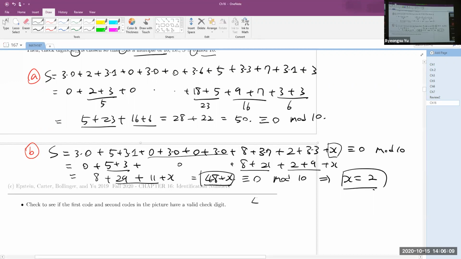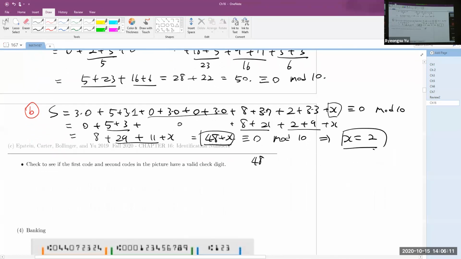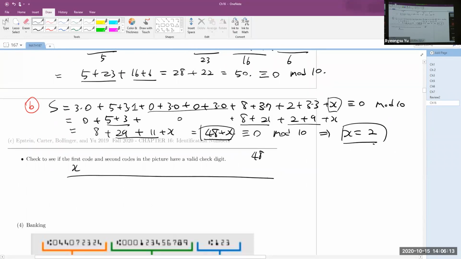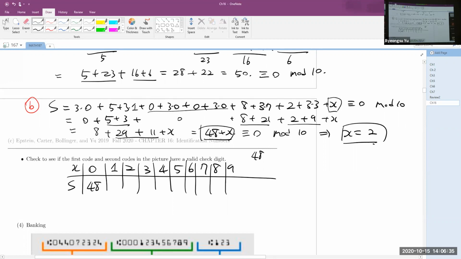Okay, so let's think about that. X has 10 choices, right? X may be 0, 1, 2, 3, 4, 5, 6, 7, 8, 9. Then your number S, if X is 0, is just 48, right? If X is 1, it is 49. If X is 2, it is 50.